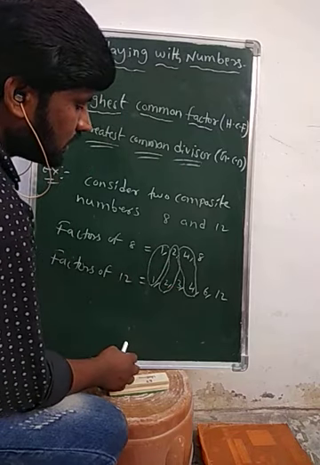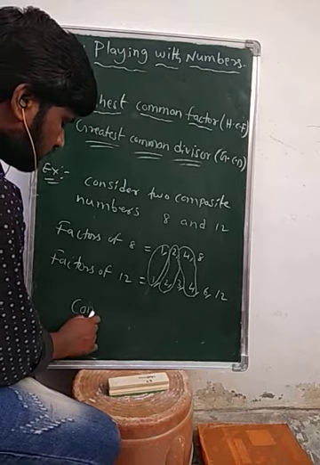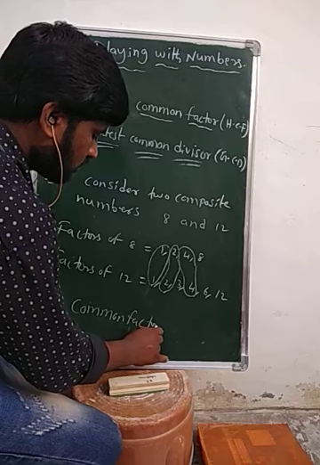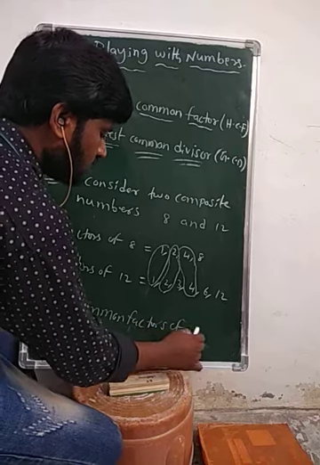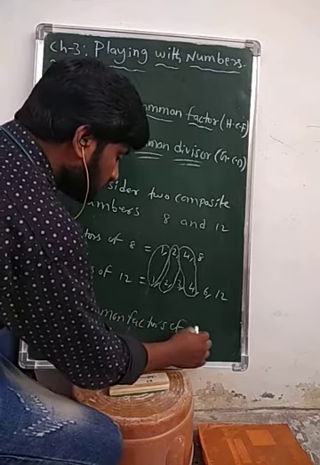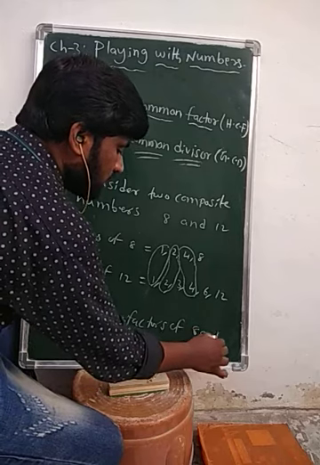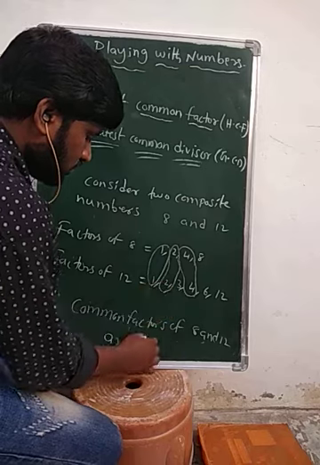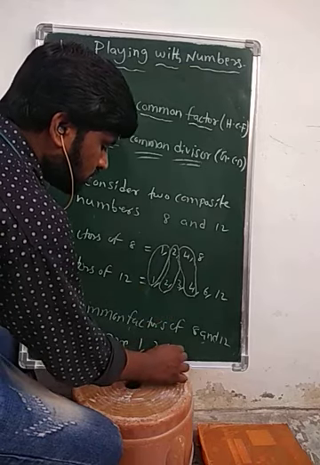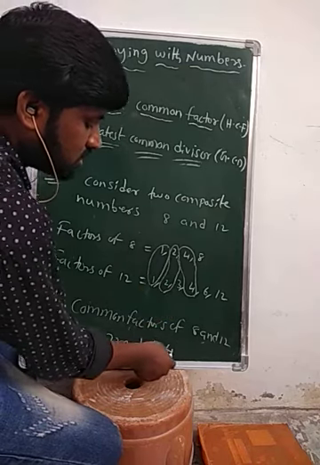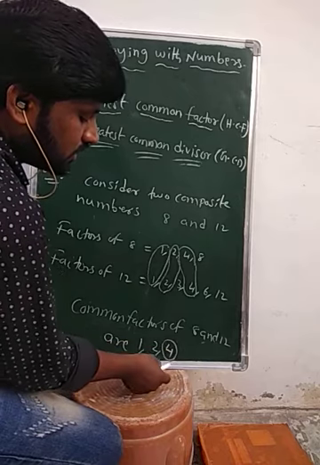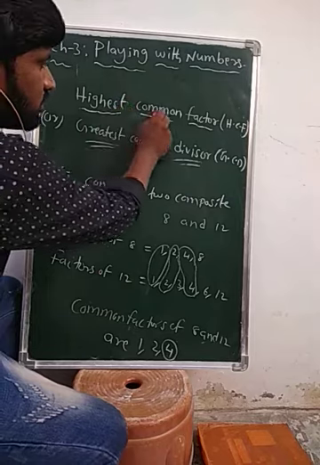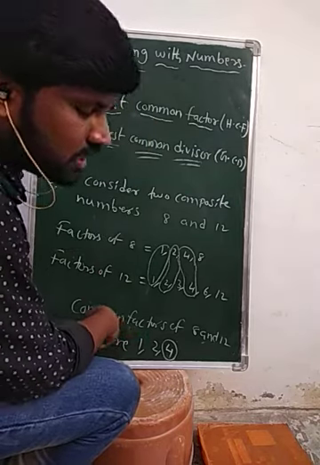Now clearly the common factors of 8 and 12 are 1, 2, 4. What is the highest common factor here? The highest common factor is 4. Okay? So that is how you can find the highest common factor.